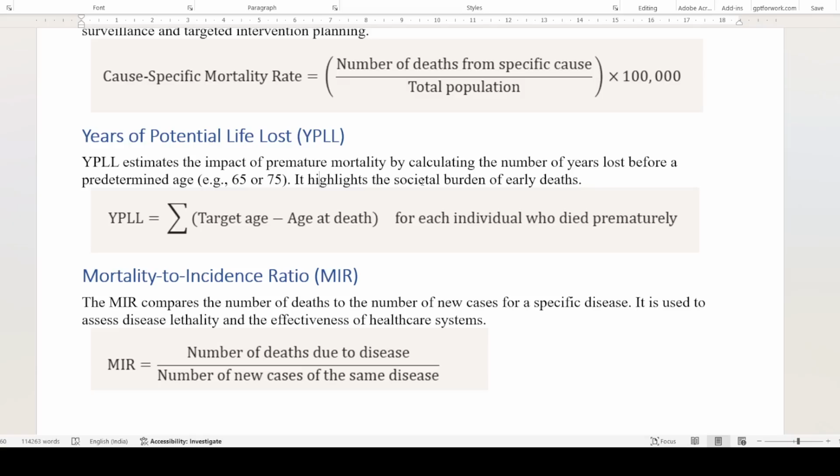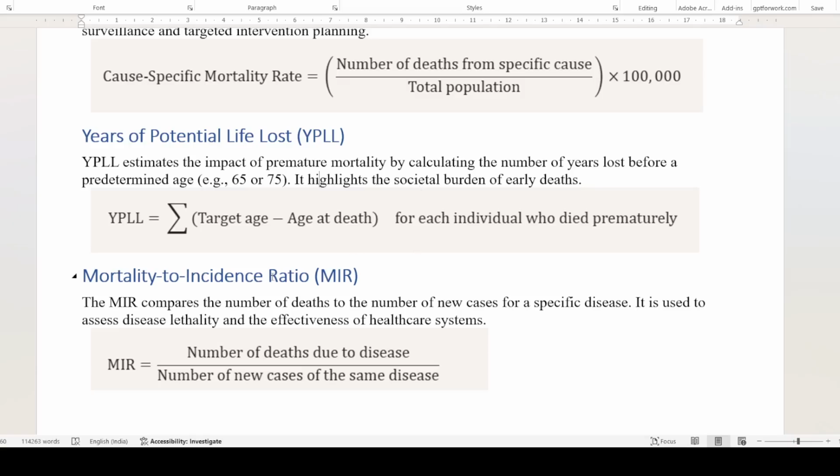So the individual who could have controlled his obesity and his complications could have lived to 75 or 85 years of age, but due to his complications, or you can say due to his negligence, he died at the age of 65. So this is the years of potential life lost. He lost 10 to 15 years of his life due to his negligence, right? So this is years of potential life lost.